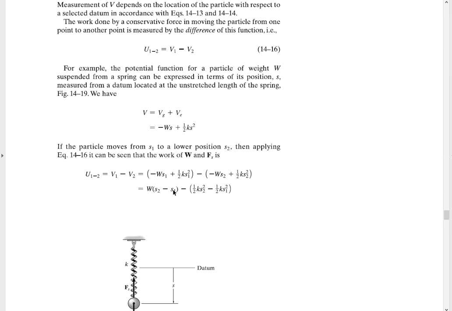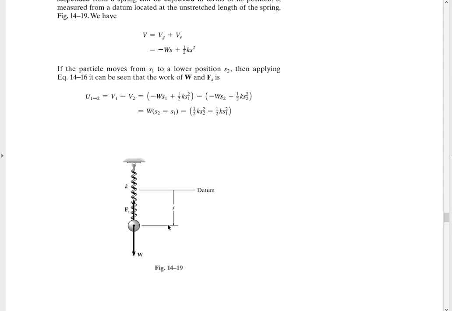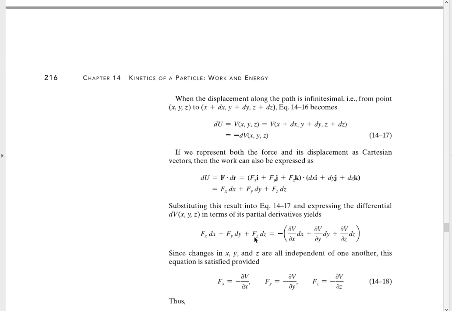You see these two, and rearranging terms, we get weight times final minus initial position, and then for the elastic potential we could even factor out 1 over 2 times k. This corresponds to the elastic potential term, emphasizing again that the datum has to be from the unstretched spring position.